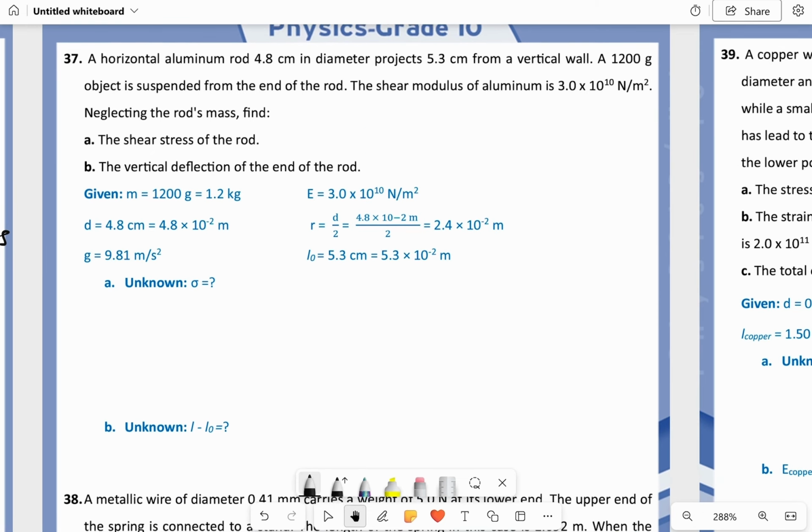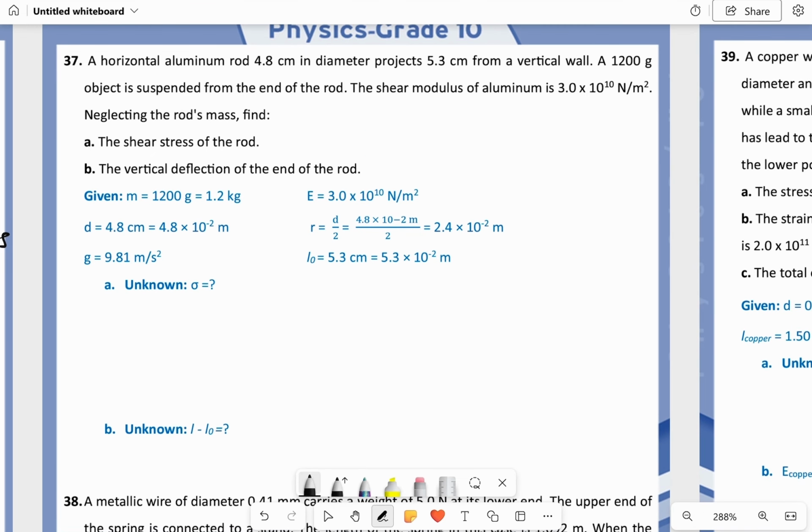Question 37. A horizontal aluminum rod of 4.8 centimeter in diameter projects 5.3 centimeter from a vertical wall. A 200-gram object is suspended from the end of the rod.